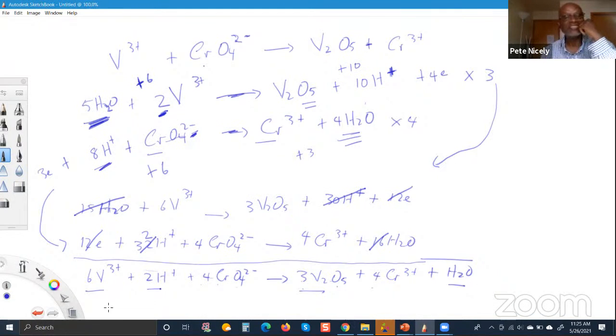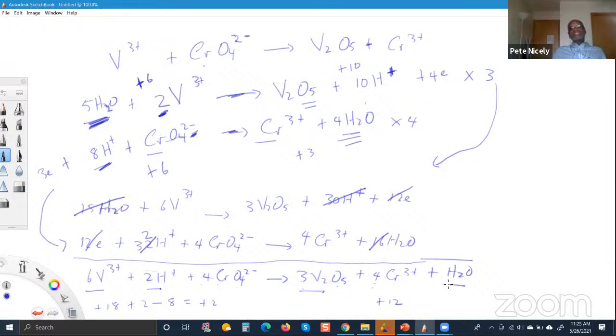And then the charges, we have plus 18, plus 2, minus 8. So that gives you what? 18 plus 2, that's 20 minus 8, that's 12. So that gives you plus 12 on this side. And here we have 4 times plus 3, that's plus 12. So everything is balanced, all right?